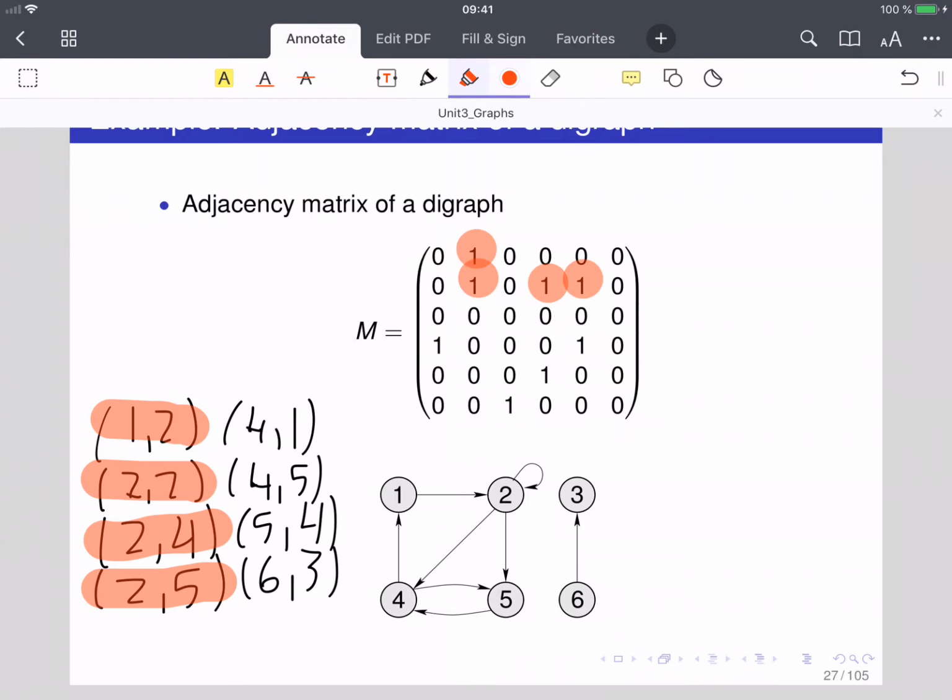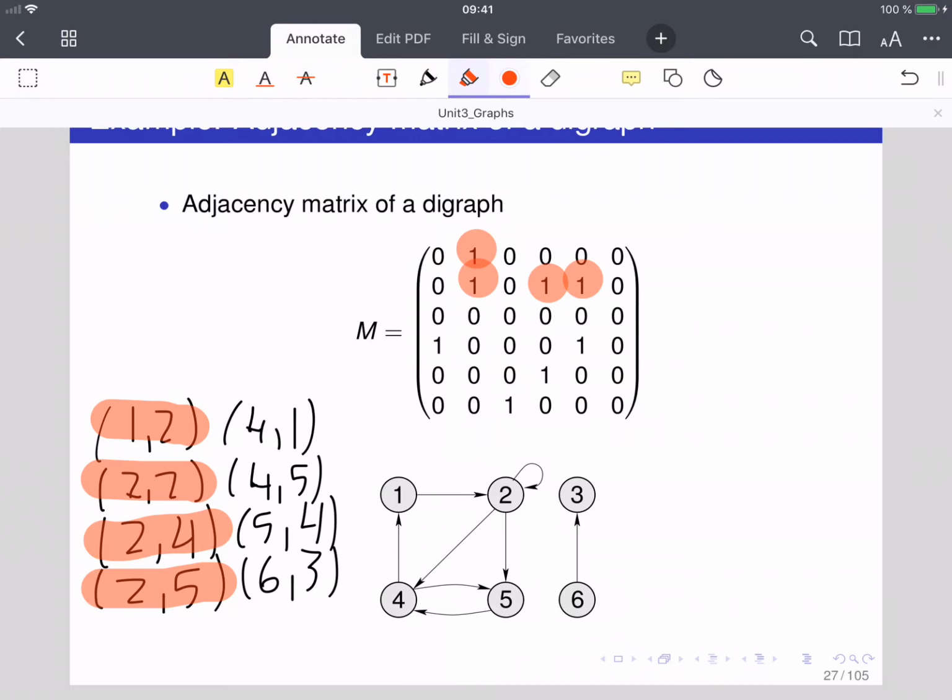There is an edge arriving at vertex 3, and that will appear in column 3, but since there are no edges coming from vertex 3, we have no ones on row 3.